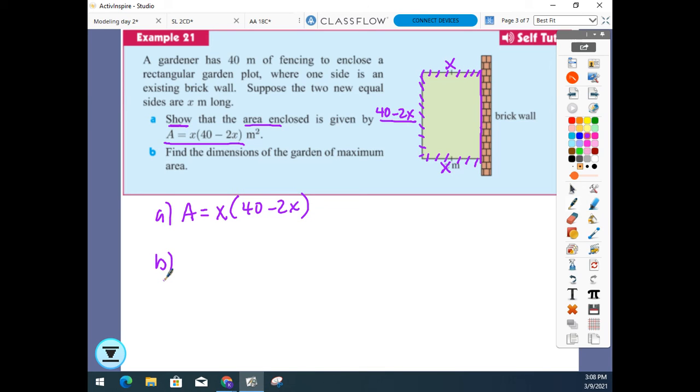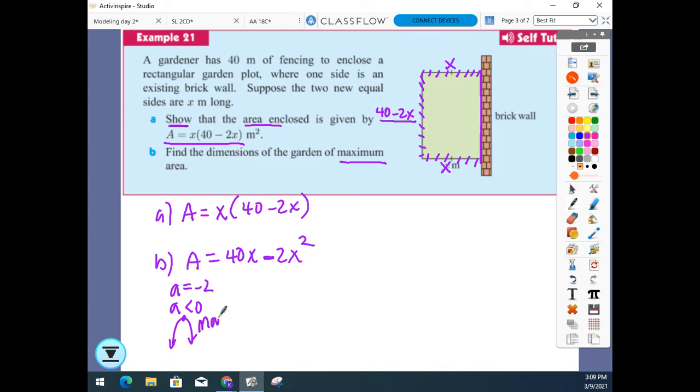So for B, find the dimension of the maximum area. So we have our maximum. We're going to just distribute this out. Okay, so we see that a is negative, and since a is less than 0, it's facing upside down.